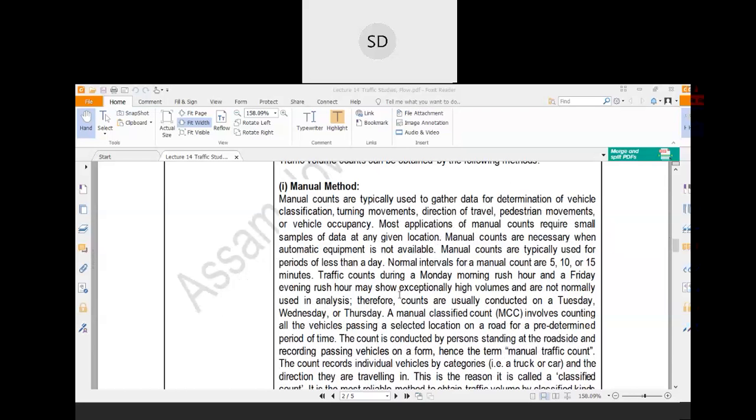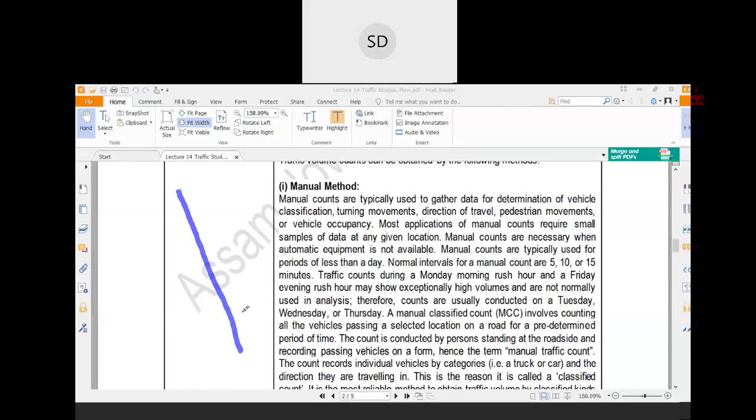Most applications of manual counts require small samples of data at any given location, because by manual count you cannot collect a large set of data. It is not possible.